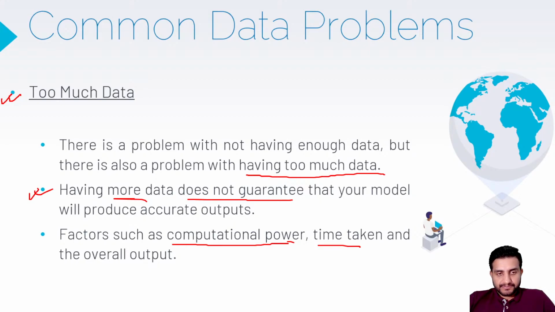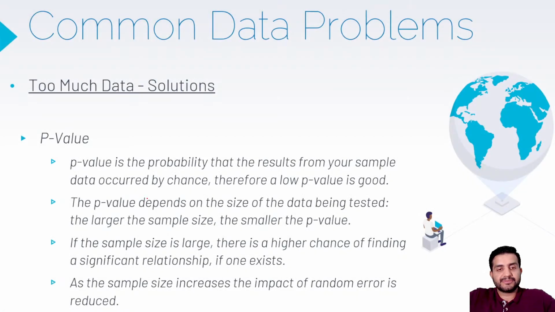So having too much data will also create trouble. As I've said, having more data does not always guarantee a good model. Rather, the usefulness of it, the relevancy of it, that's what we have to look at. So let's try to understand what the potential solutions for this are.